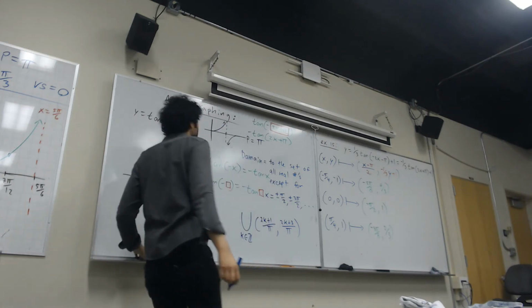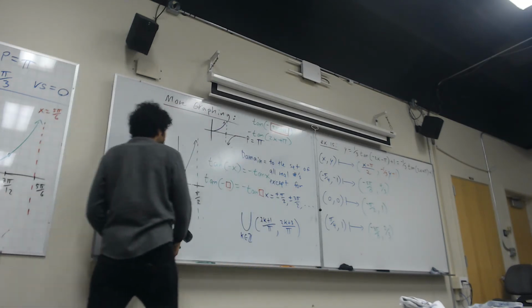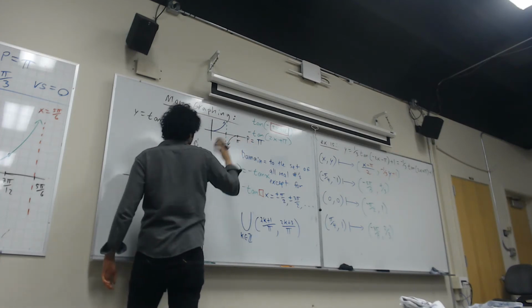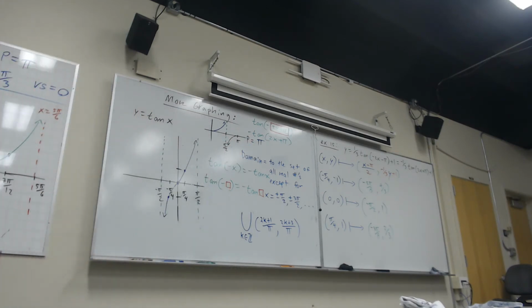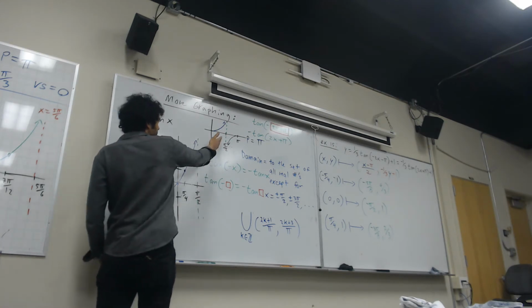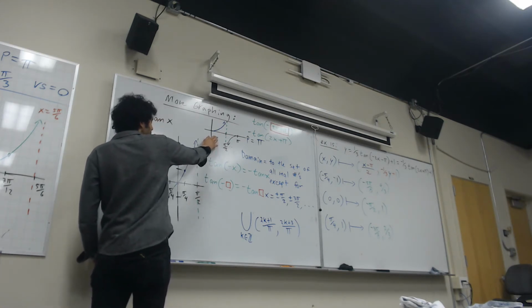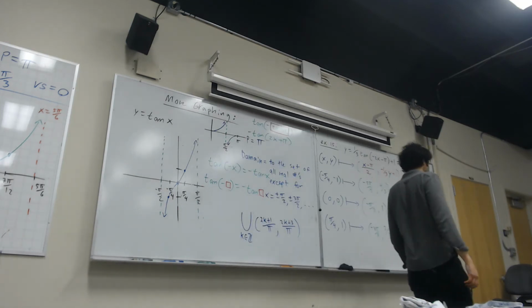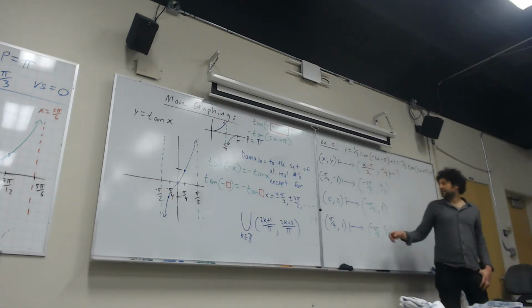And they say, okay, that's 0 to pi, and there's pi over 2. I don't get it. I think it's less common, but some people insist on it.